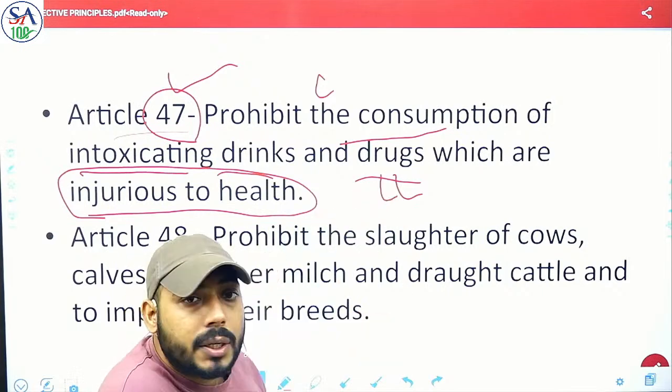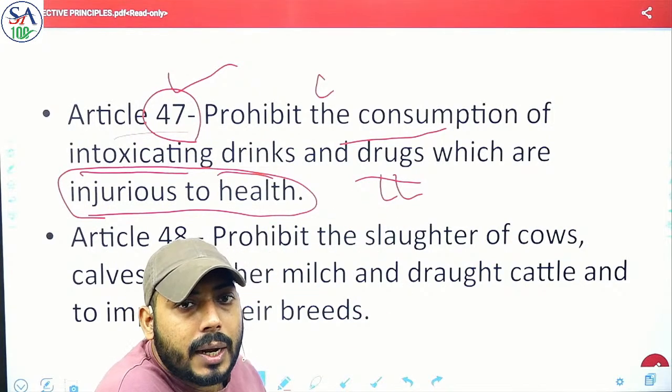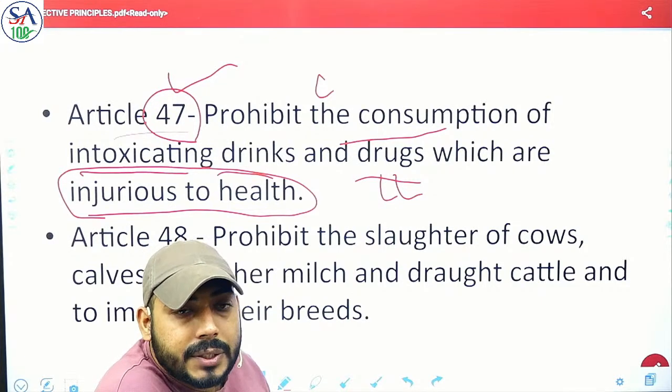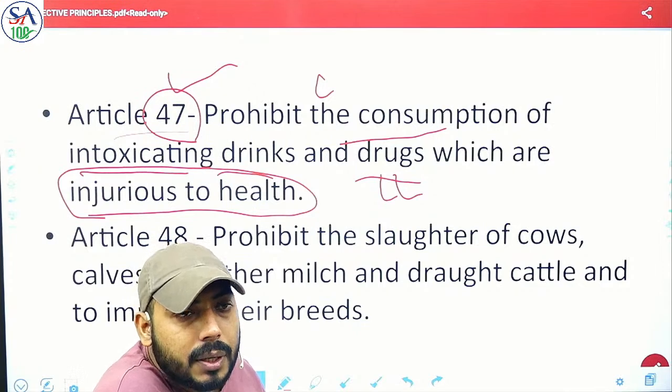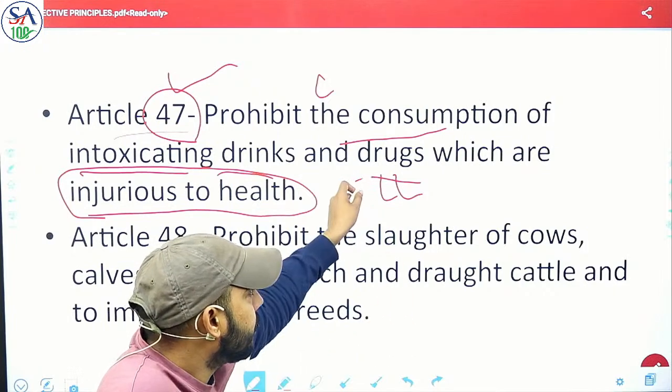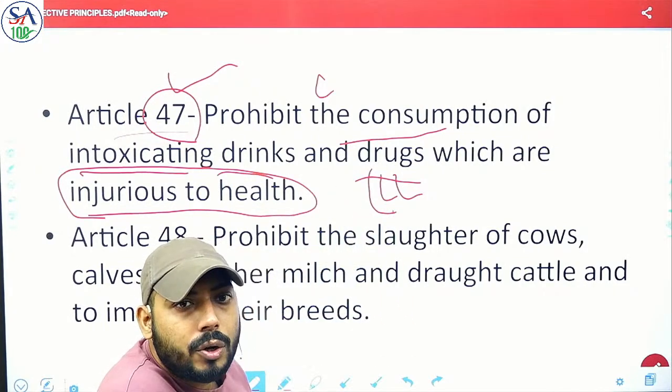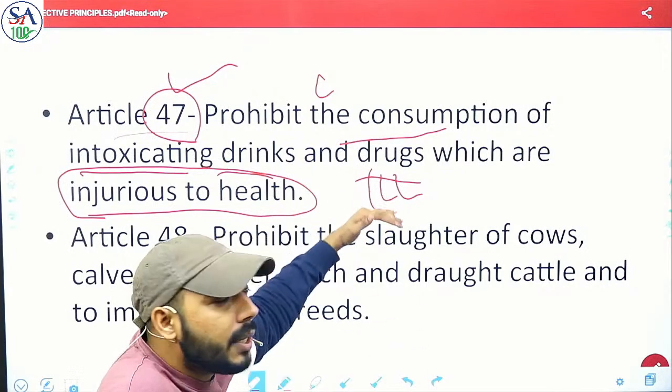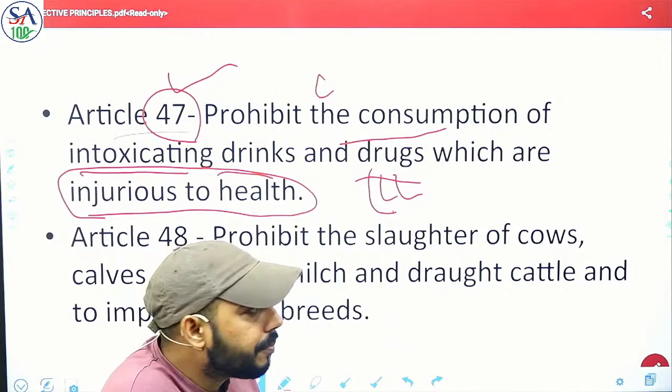For example, whenever you go to any medicinal or chemist shop, they will first ask for a prescription. On the basis of the prescription, they will give you medicine. Otherwise it will be difficult for you to get any drugs. It includes normal medicine and other intoxicating drugs also.